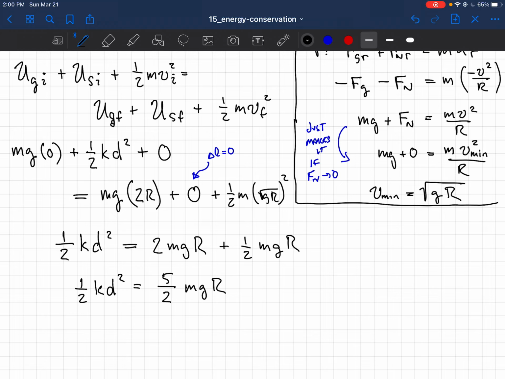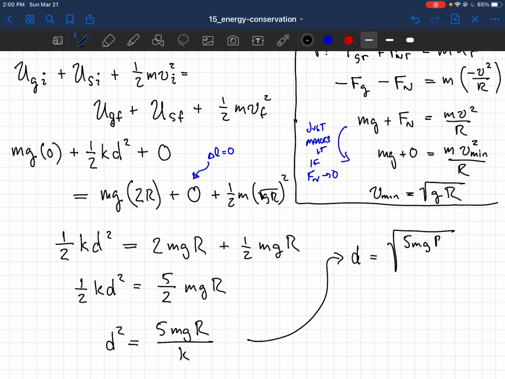We're looking for d. Multiply both sides by 2, and we get d squared. Divide both sides by k is equal to 5 mgr divided by k. Or d is equal to the square root of 5 mgr divided by k.